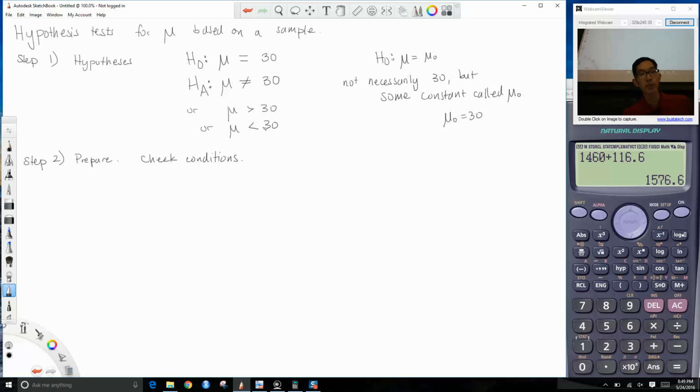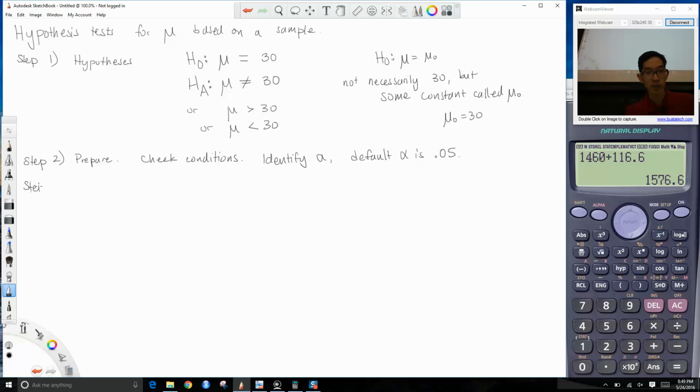So you check your conditions, and then you pick your alpha, or identify the alpha to use. And if alpha is not given, what do we use? Yeah, the default alpha is 0.05. It's not too bad, right?